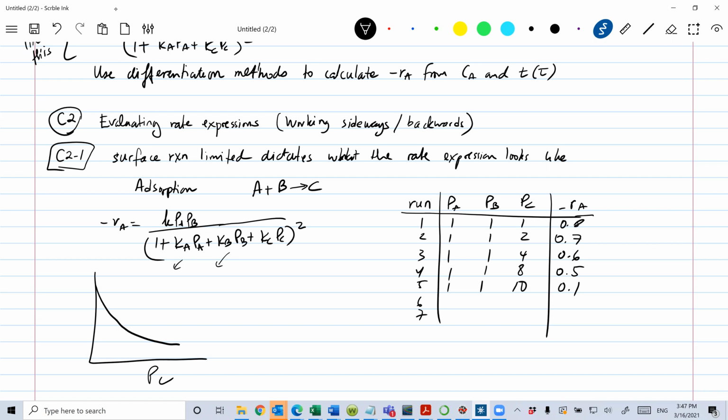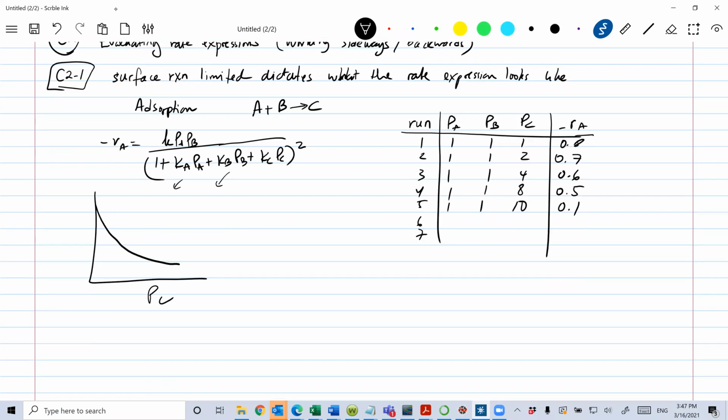You can have a system where, let's say we fix two things, A and C, and we start changing B. So if we start changing B, we go again. So we do that, and then we start seeing the rate go up.